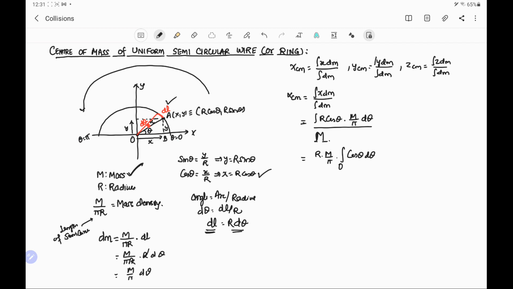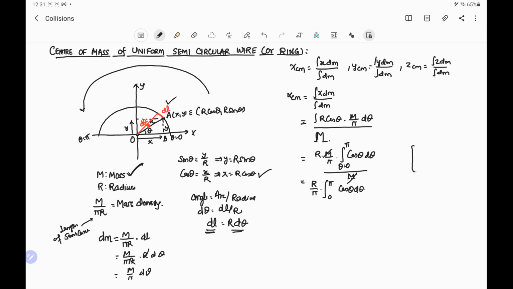Therefore, theta is equal to 0 to pi. This is our limit of integration, and divided by capital M. This M and M will get cancelled. So it is R by pi integral 0 to pi cos theta d theta.